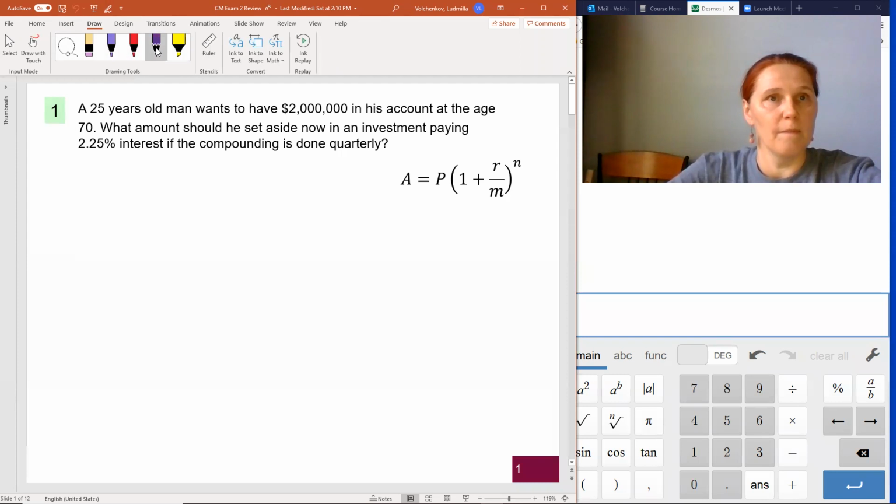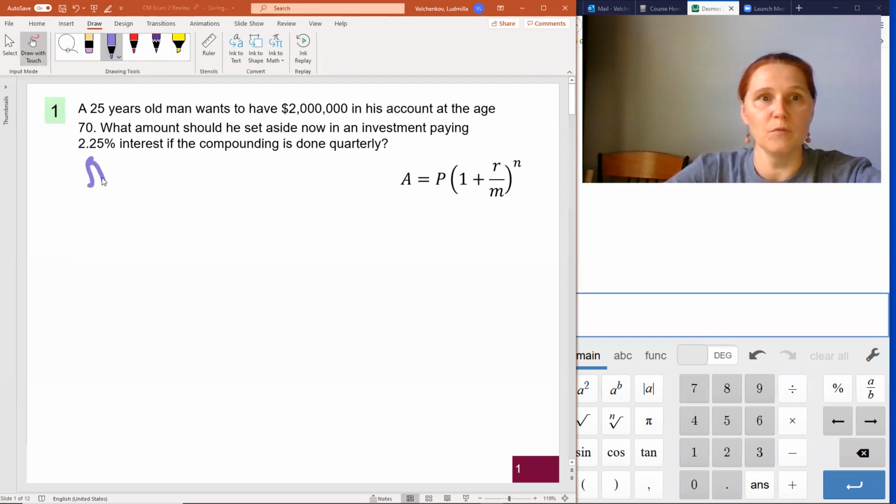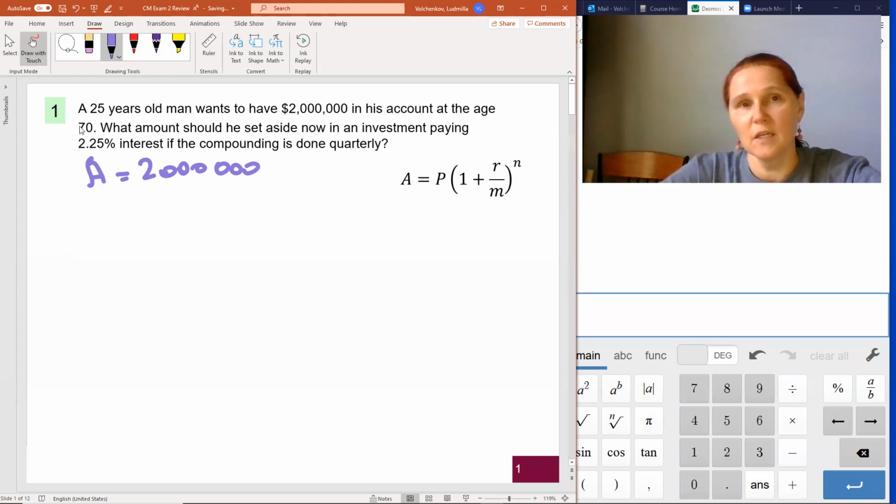So we know the future value A, which is 2 million. Then we know the number of years. So he started saving with 25 years and ends with 70.